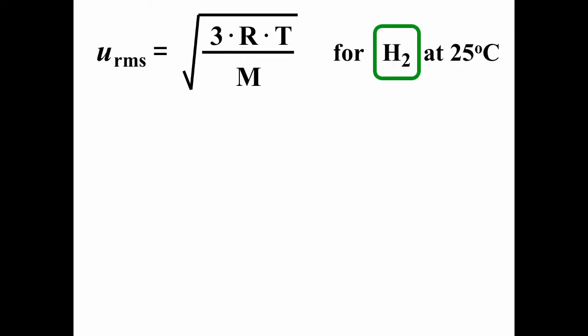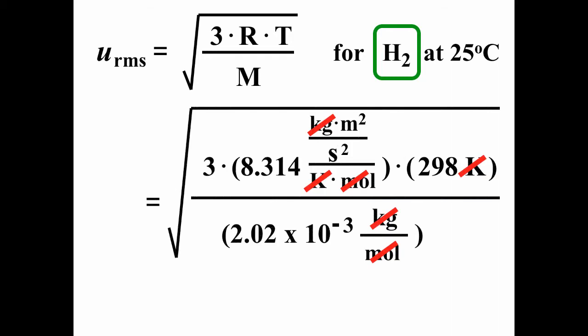And let's also try a calculation for hydrogen gas. Now at 25 degrees Celsius, since hydrogen's much less massive than oxygen, we'd expect this to have a much higher, or at least somewhat higher, average speed for its molecules. And you might see if you can predict how much higher you think it might be.